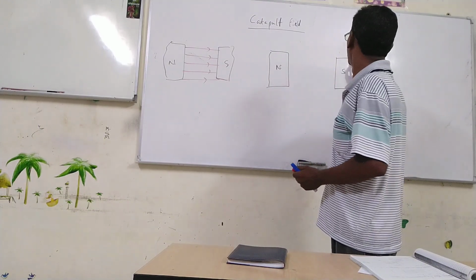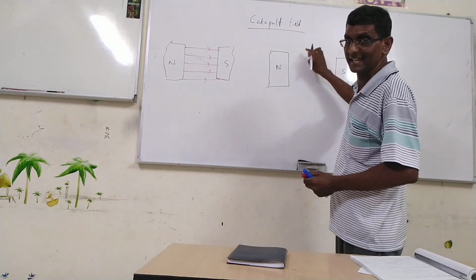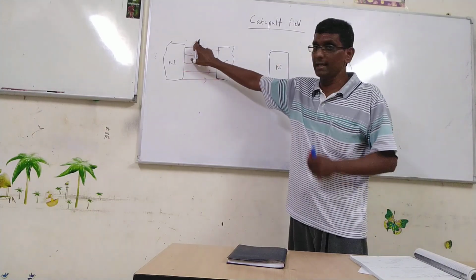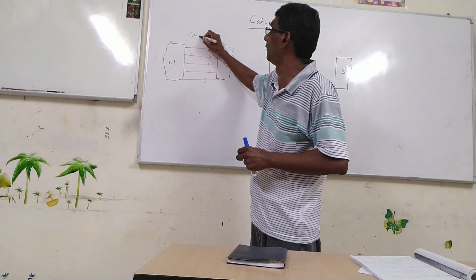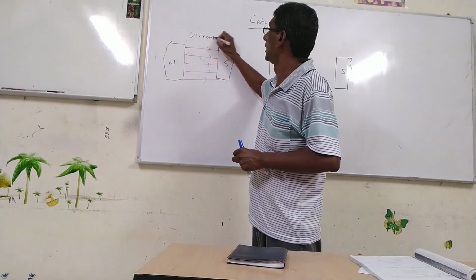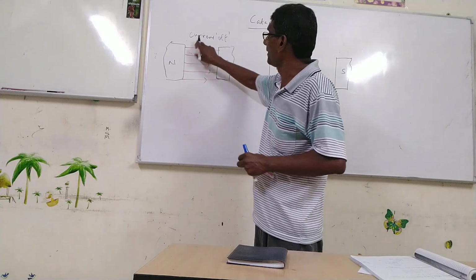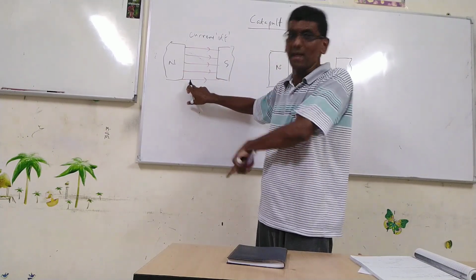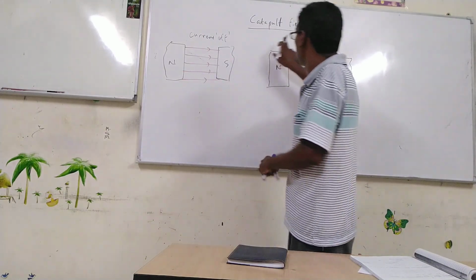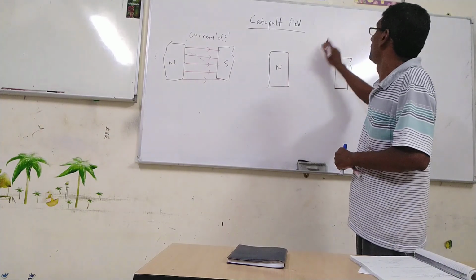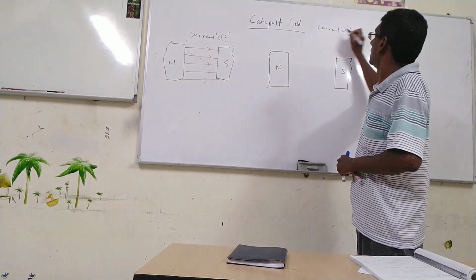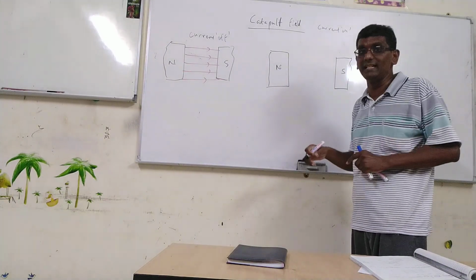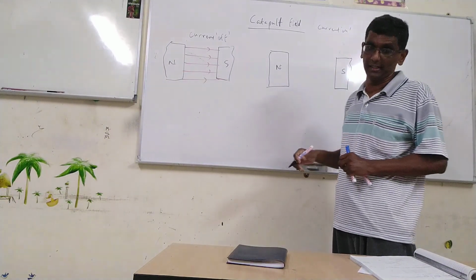This is the catapult field. This one is before the current is on. Current off means there's only the permanent magnetic field. When current is on, there are two magnetic fields. This is current on, A, B, C, D.